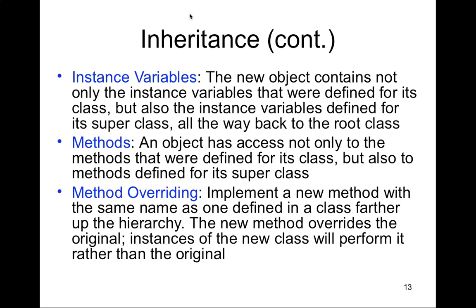So we have methods. We have method overloading also. So implement a new method with the same name as the one defined in the class farther up the hierarchy. The new method overrides the original, so instances of the class will perform the new method rather than the original one. Basically it's the same concept as Java. We're just creating new methods and we use the same name for the method, and all of a sudden now we have two declarations of the same thing.